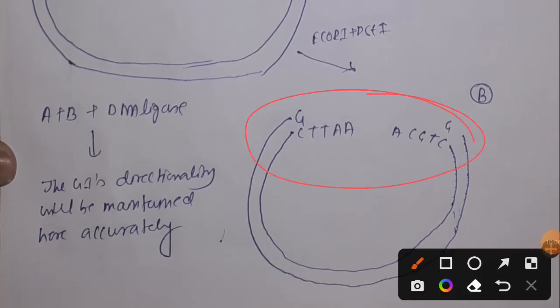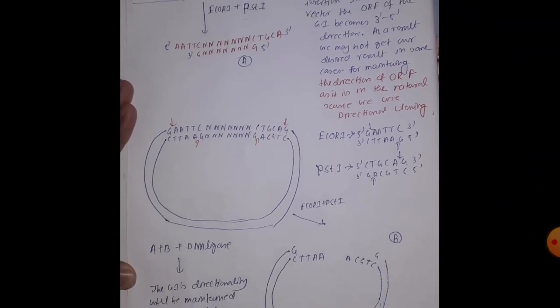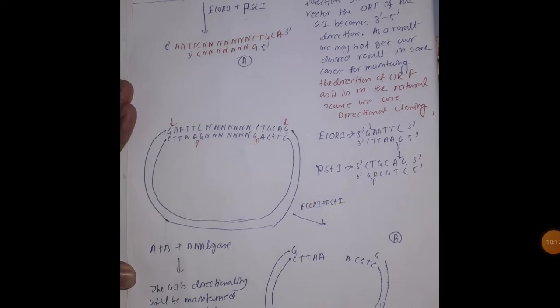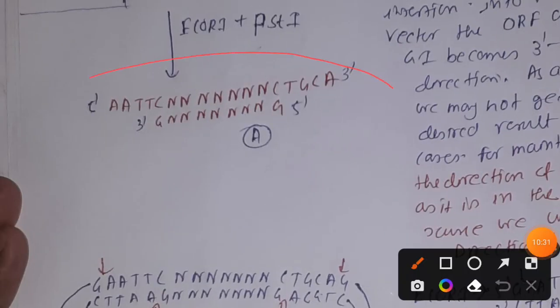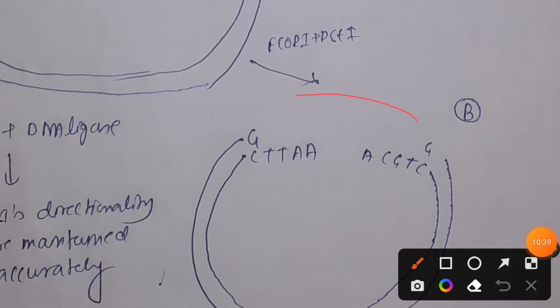Now, just by looking at A and B, think about whether there is any chance of altering the ORF or altering the directionality of the ORF. No, because this is the only stable conformation that can be attached, or I should say inserted, into that kind of vector, right?